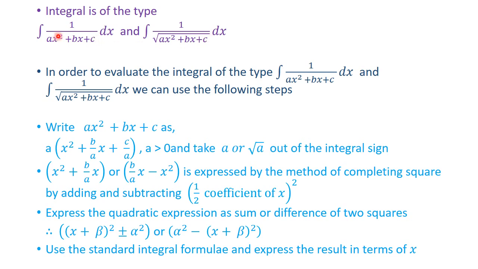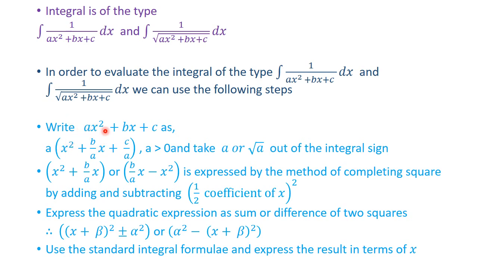Now, if such types of functions occur, then how can we reduce them to the integrable form? So see what we have to do. To evaluate the integrals of the form 1 by ax square plus bx plus c, obviously it is not factorable. Okay, so how can we factorize it?